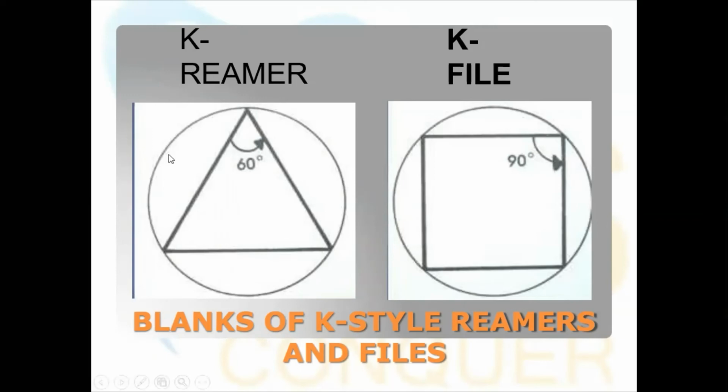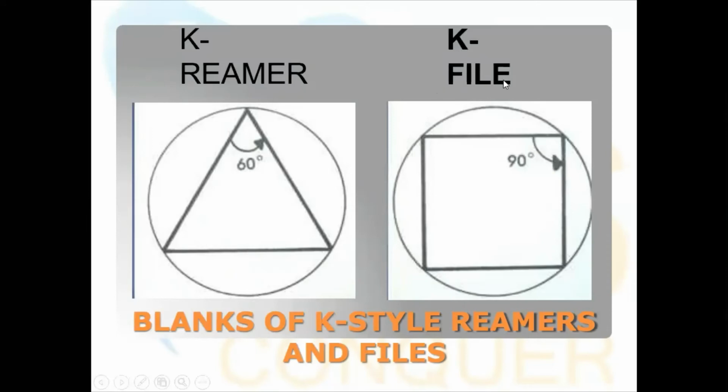The cross section of the reamer is a triangle, whereas the cross section of the file is square. Just to avoid the confusion, a small mnemonic here. File has 4 letters, and the instrument has 4 sides in cross section.